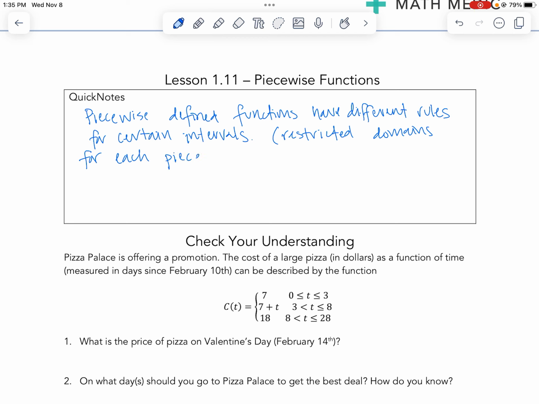You can see if you look below, the notation for these is written in 3 different pieces, and each piece is described by a different interval on the graph and has a different rule, if you will, for how to solve. So, to evaluate a piecewise function, what we're going to do is determine the interval that our input belongs to.